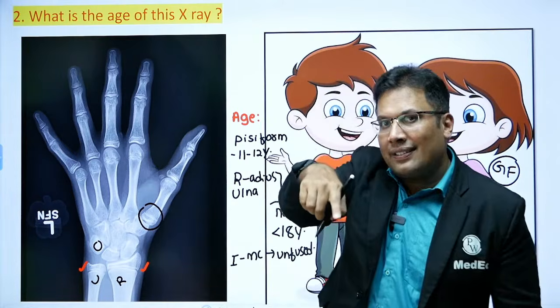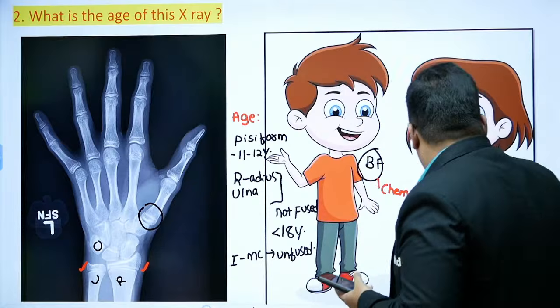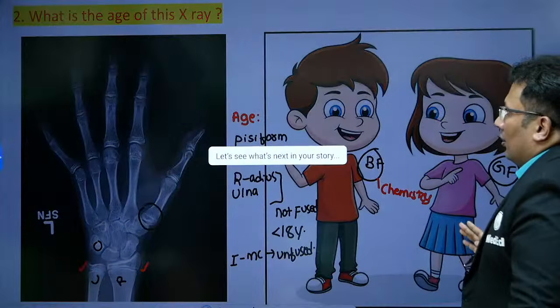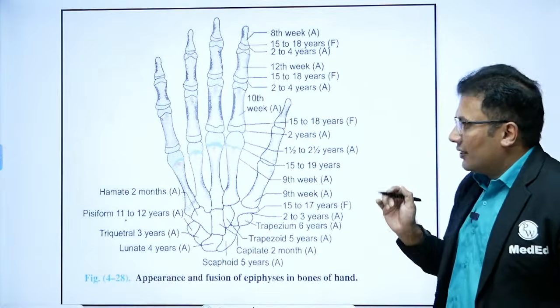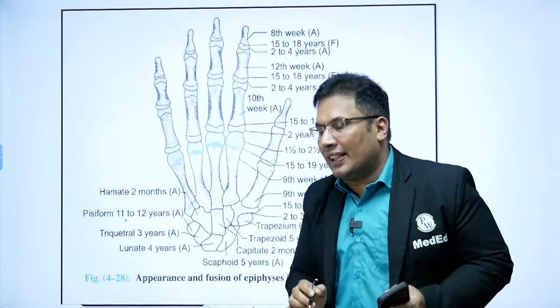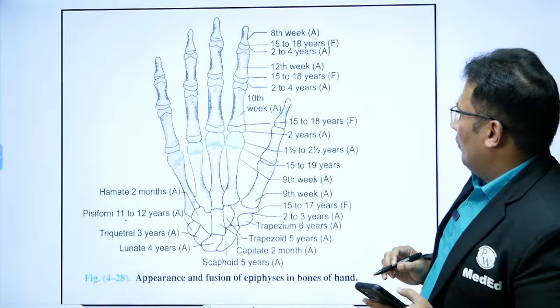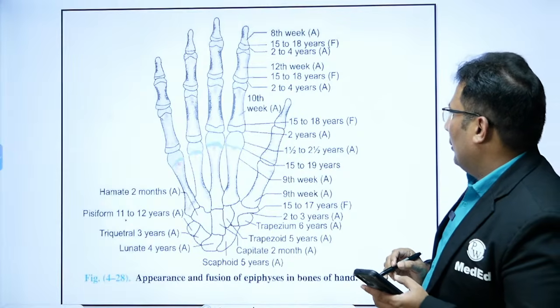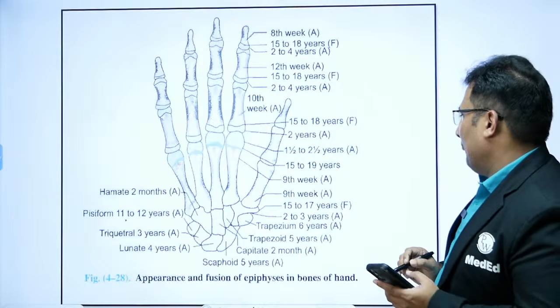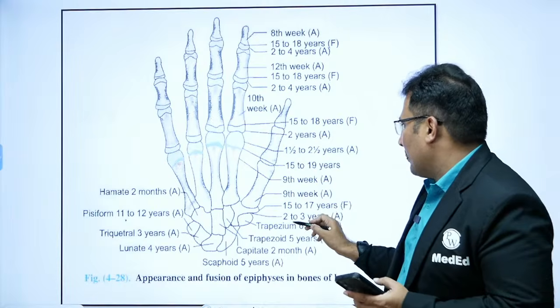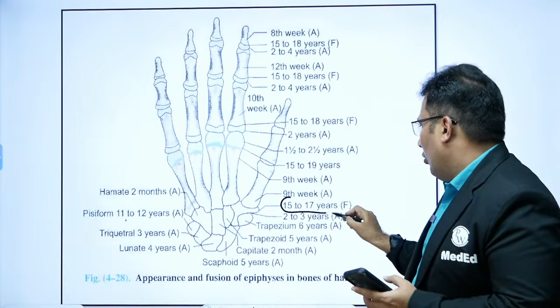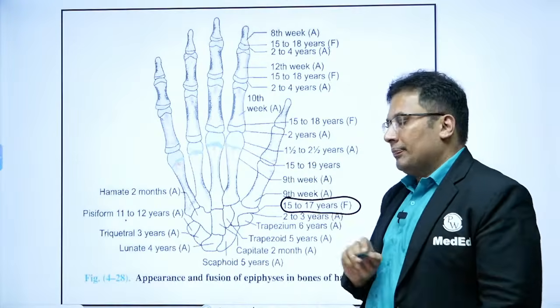When does it fuse? Let's see from the standard textbook. Look at this. It is a very important diagram taken from K.S. Narayan Reddy. I said about the first metacarpal. You can see here the first metacarpal, 15 to 17 years.